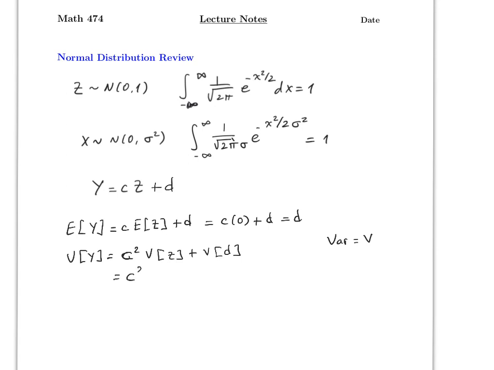So then this will be c squared times 1 plus 0, which is just equal to c squared. This is not new. This is something that you should all have seen at some point in your previous math classes, especially in Math 380.